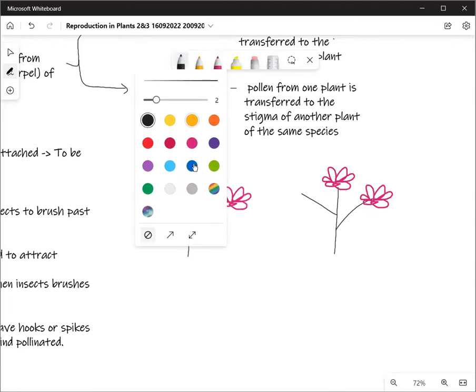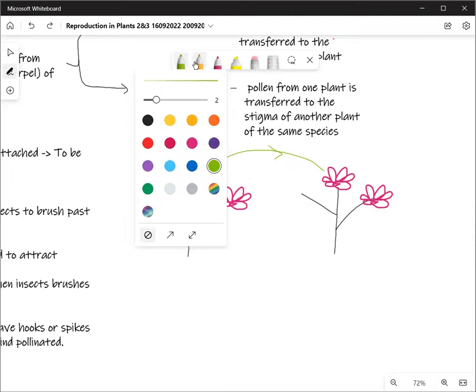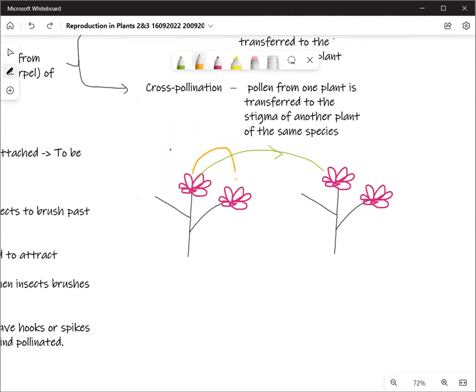Now, the green lines are cross-pollination. On the other hand, the yellow lines are self-pollination. Clear?